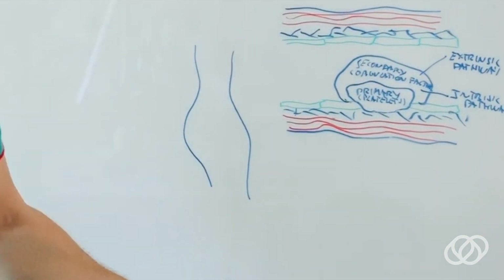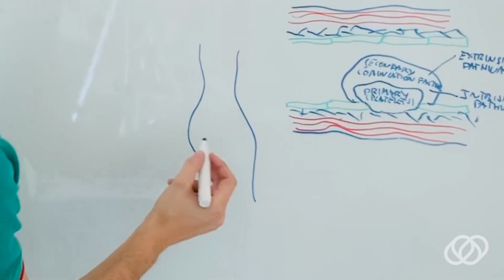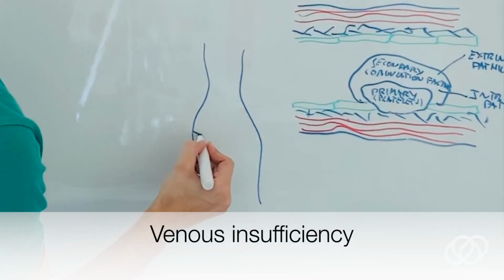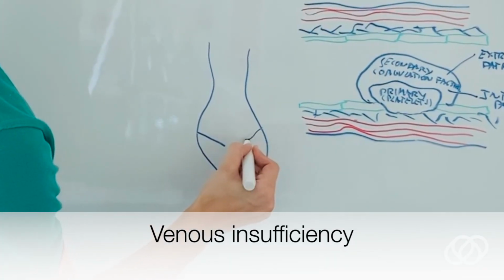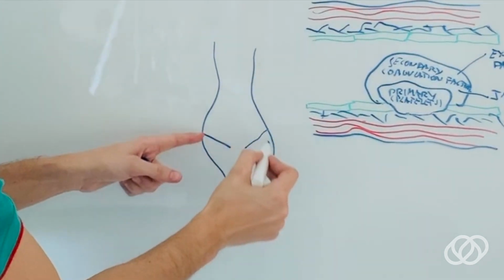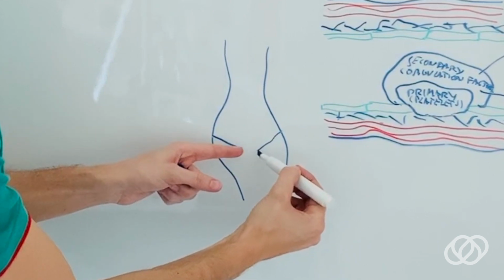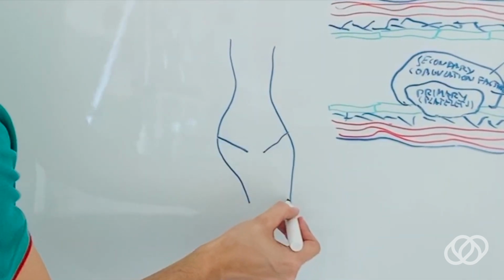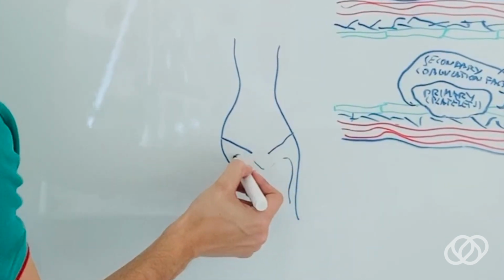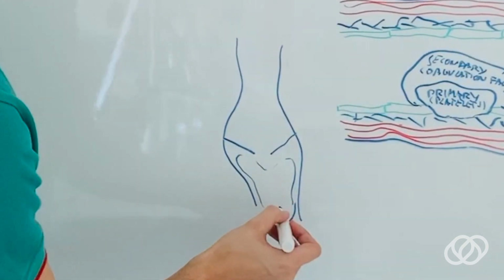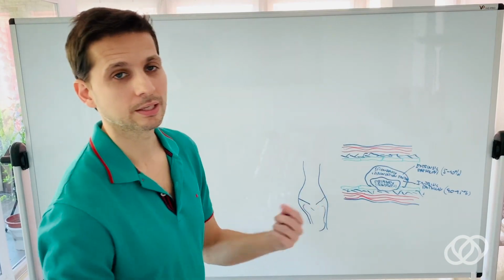When we have venous insufficiency, the venous valves, because of dilation of the vessel, are not able to close, so the blood stacks in here, or advances at a very low velocity.